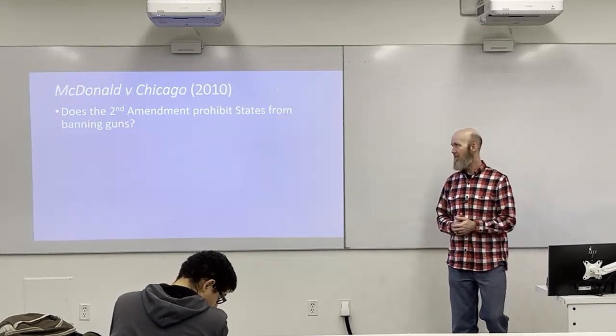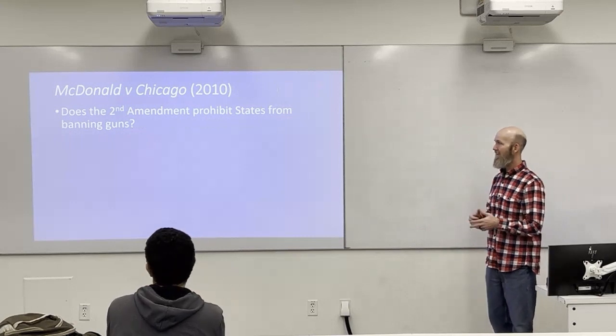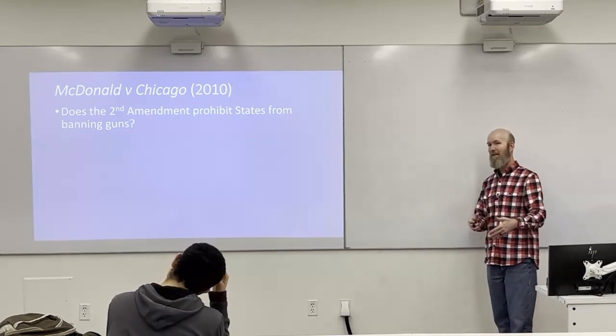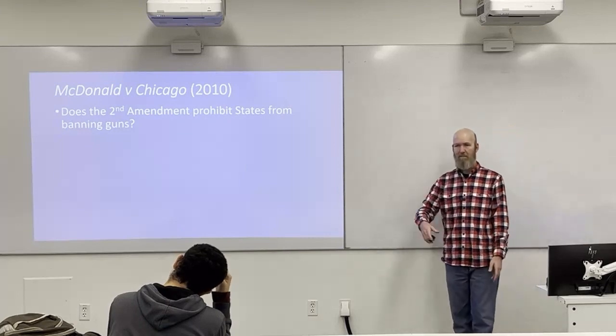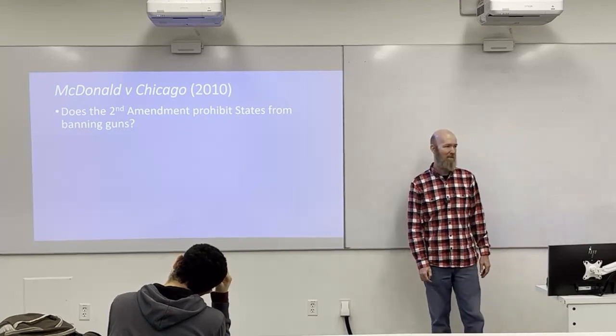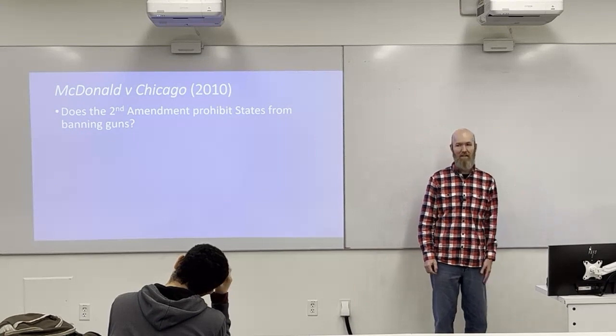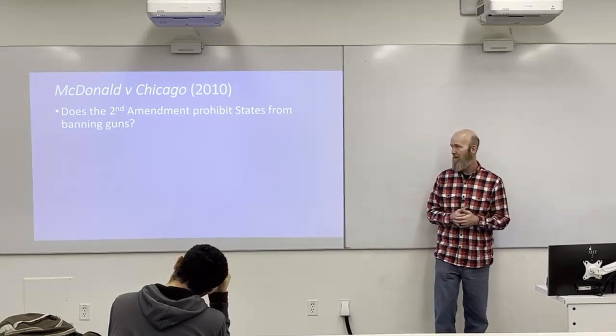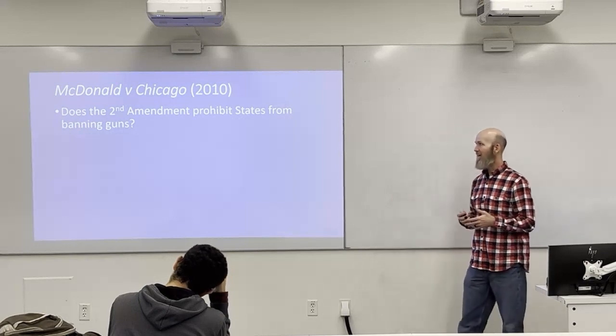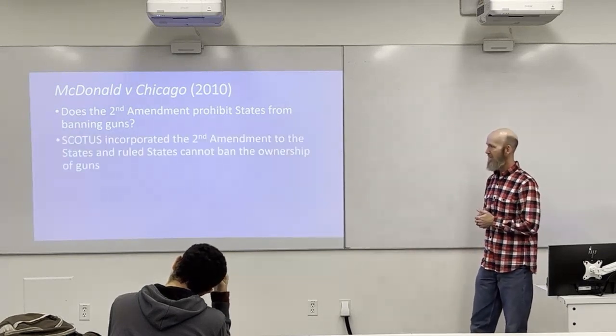So in the McDonald v. Chicago case, the question is, can the city of Chicago ban guns? The City of Chicago was claiming that, sure, the Second Amendment gives people the right to own a gun in the District of Columbia, but not here, because as a city we can do whatever we want. We don't have to follow the Bill of Rights. So the question was, is that true?